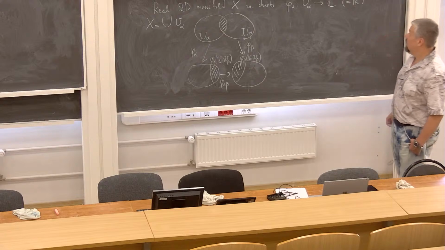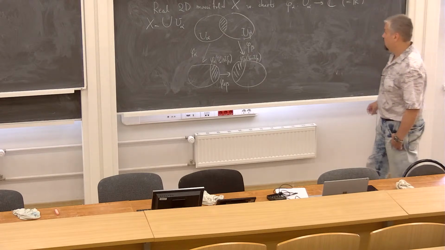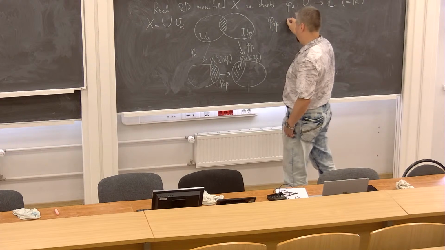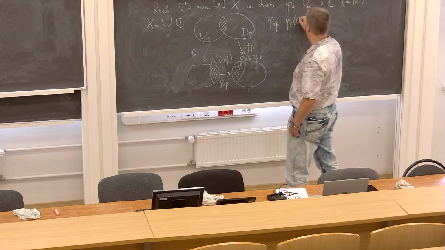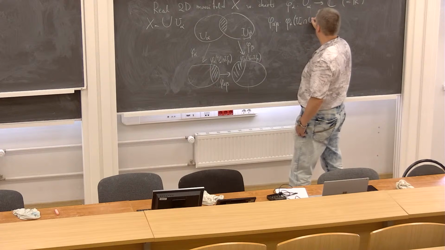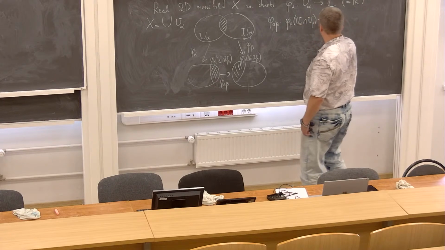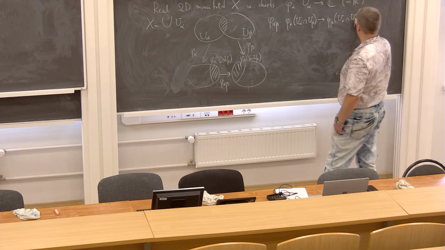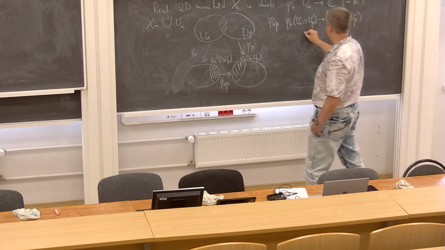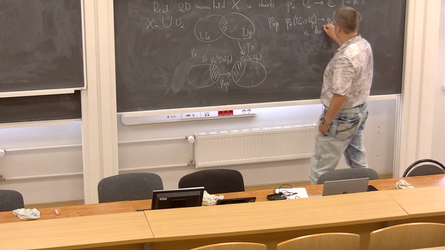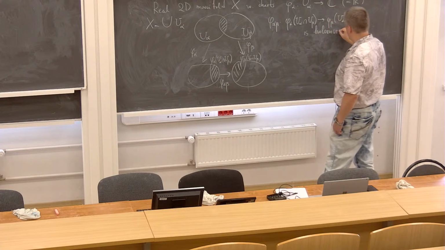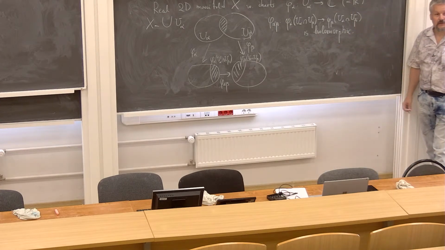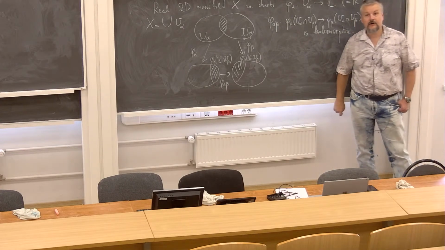In the Riemann surface case, we say that phi alpha beta, from phi alpha of U alpha intersected with U beta to phi beta of U alpha intersected with U beta, is holomorphic. Which is really a very strong requirement.